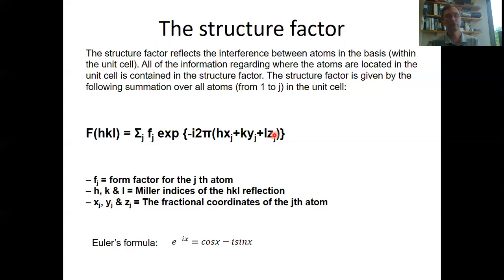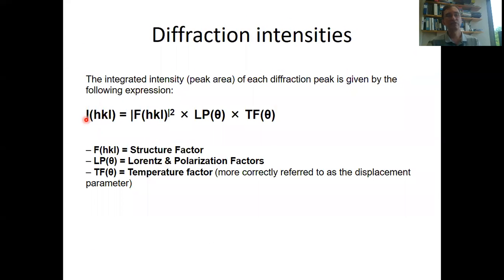However, there's one very unfortunate complication, which is that the intensity is actually the square of the structure factor. And that gives rise to ambiguity with regard to the atom positions. For instance, the structure factor could have the value of -2.